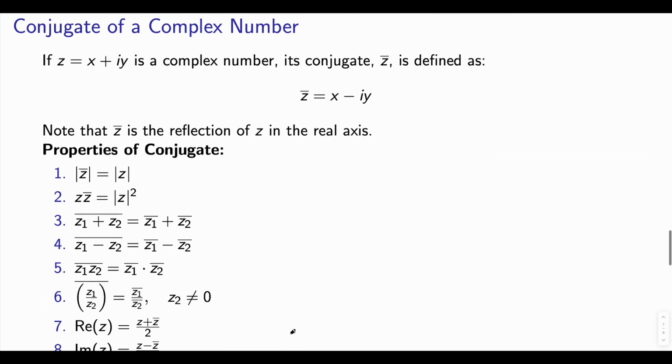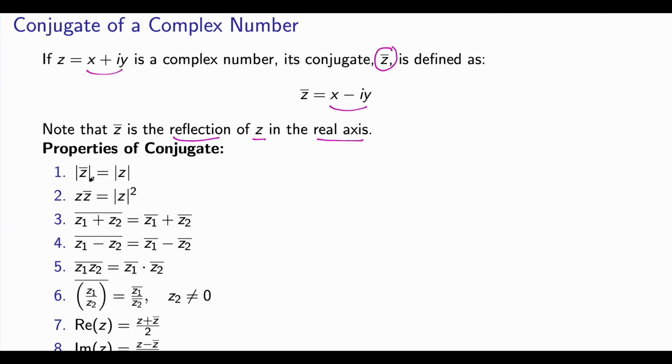So now, conjugate properties. Modulus of Z bar is equal to mod of Z. Z times Z bar is equal to mod Z square. Z1 plus Z2 whole bar is equal to Z1 bar plus Z2 bar. Z1 minus Z2 whole bar is equal to Z1 bar minus Z2 bar.